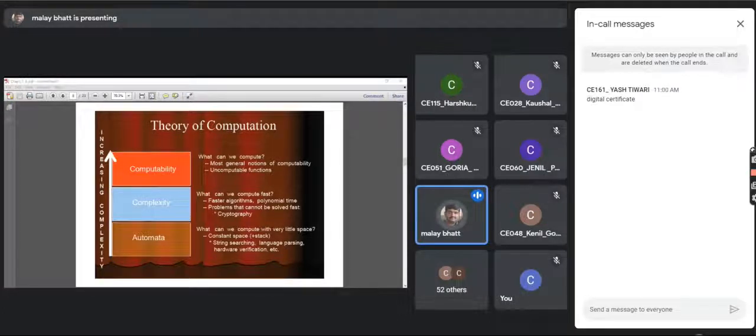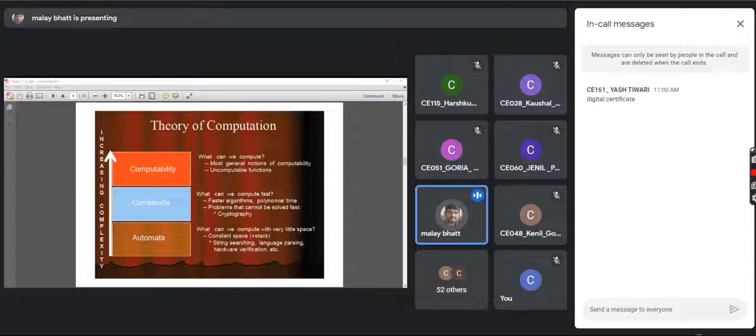So you can see here the arrow, it is from automata to computability. As we are moving from automata to complexity, it is a tougher job. From complexity, when you move towards computability, it is the toughest thing under theory of computation.